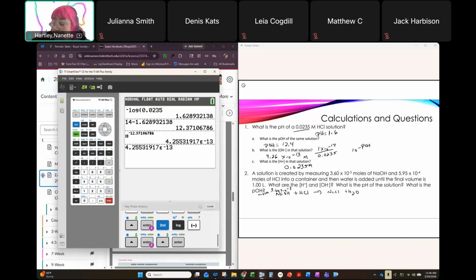And my HCl is 5.95 times 10 to the minus 4th. And again, that's in moles. And what I need to know is which is the limiting reagent. Well, since it's a one-to-one relationship, I can say that it's probably HCl, and I'm going to have excess NaOH left over because the mole ratio, I have less of this than I have of this, right?